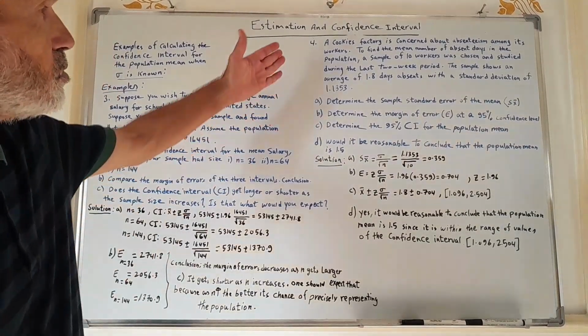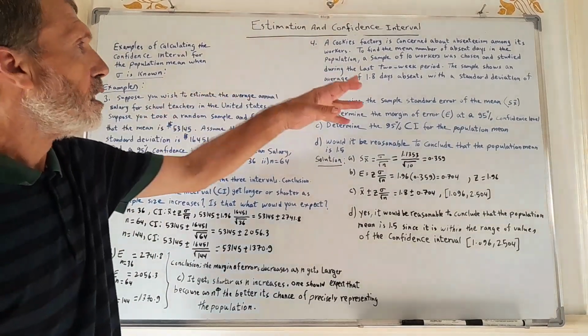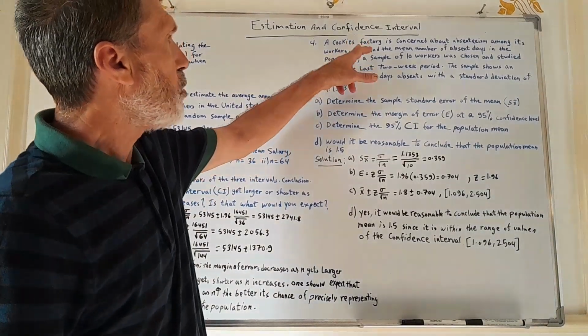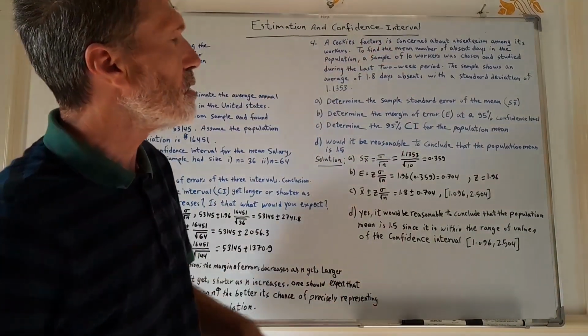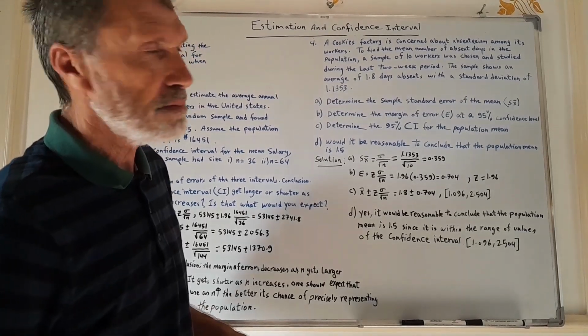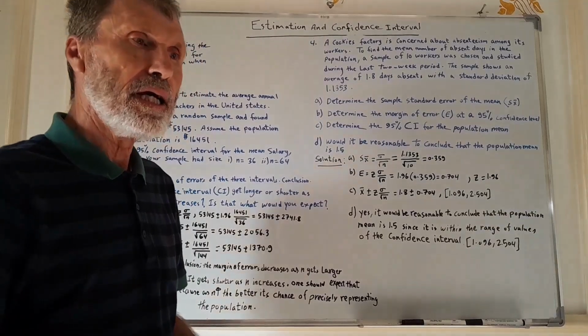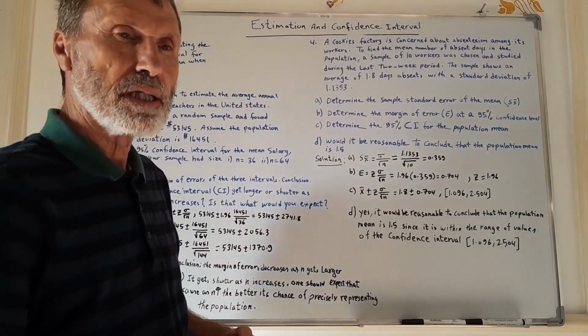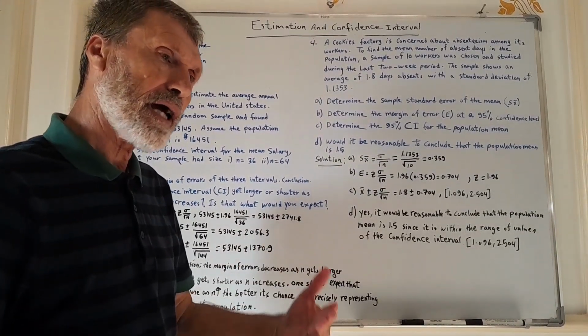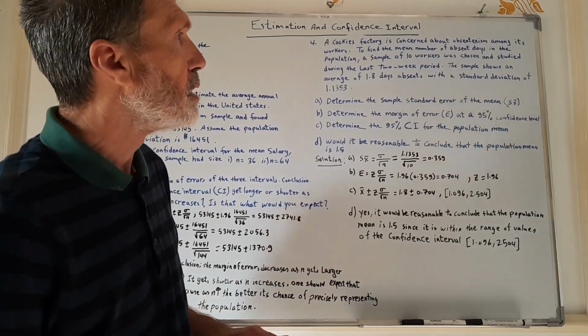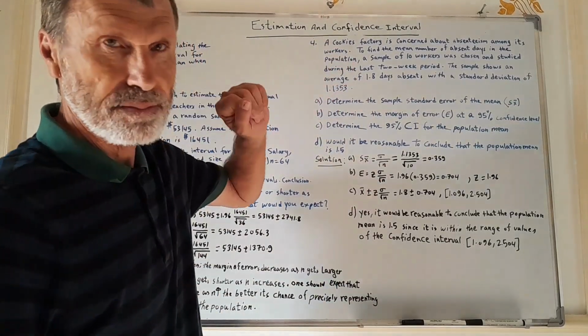Now, we go to problem number 4. Problem 4 says a cookie factory is concerned about absenteeism, about people who usually miss their work or are absent from coming to work among its workers.